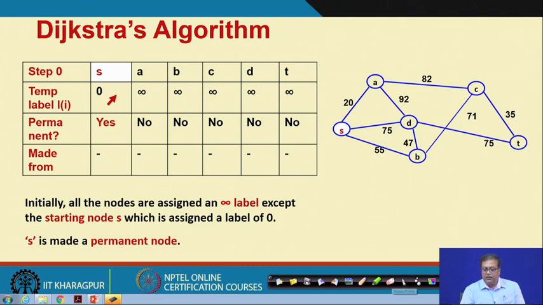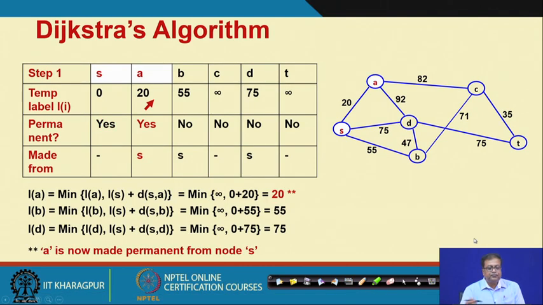Now, next see what happens. From S we have paths to A, to B and to D. So, we can compute A, B and D. As you can see the distances, either through the graph or from the matrix, we can find out S to A, S to B or S to D. Is it all right?